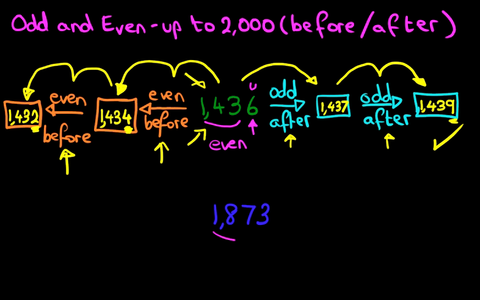Don't forget, we ignore the first part. We're only looking at the 3, the units. Now is that odd or even? Well, we know the odd numbers start at 1, and then counting in twos, the next one after 1 is 3. Therefore, this is an odd number. If 3 is an odd number, then 1873 is also an odd number.